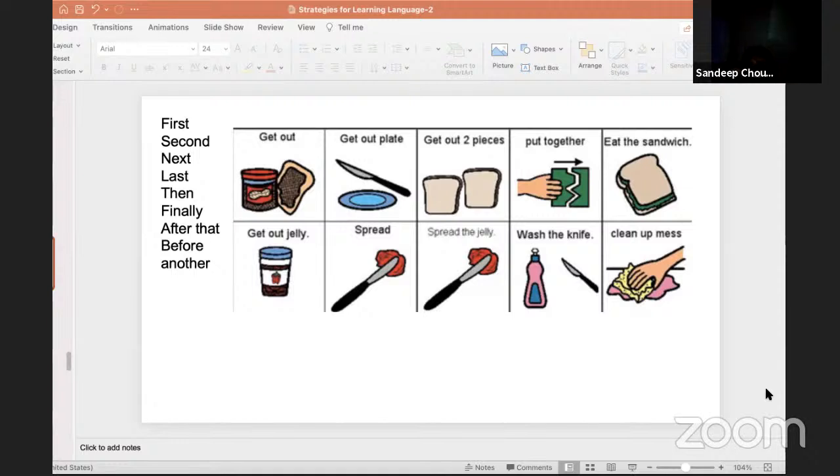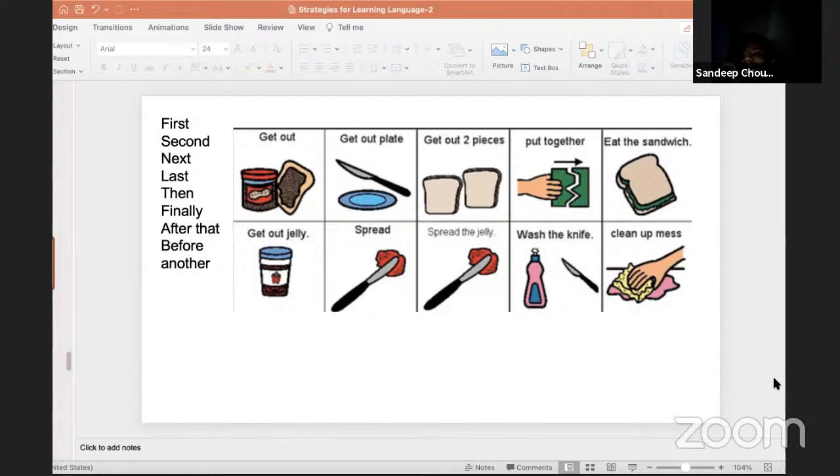First of all, I will open the bread packet and the jelly packet too. Then I will get out the plate and a knife, and I will take 2 breads. With the help of the knife, I will spread the jelly on the breads, and then I will put them together.